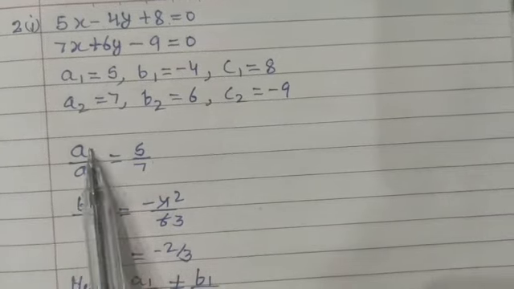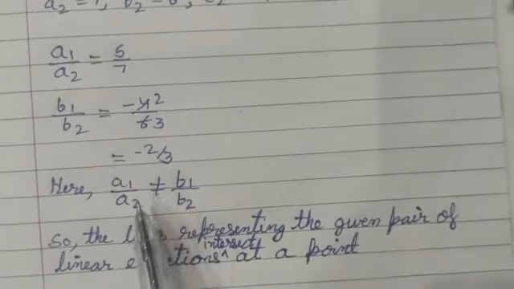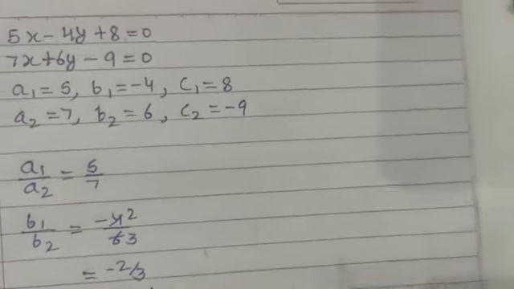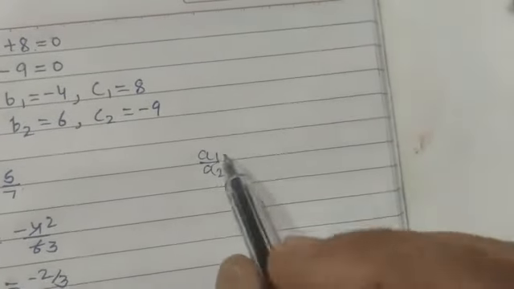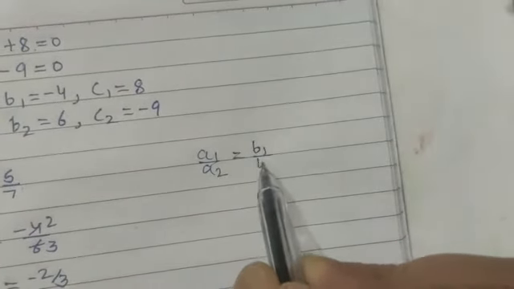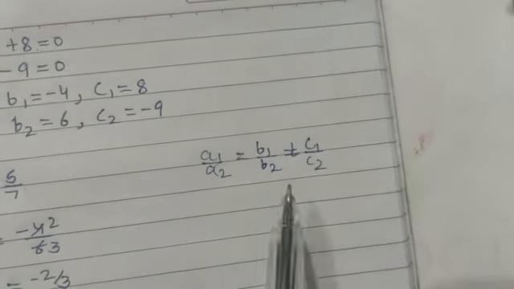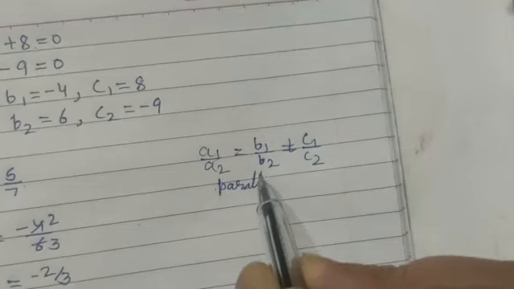Now as we see here, a1 upon a2 is not equal to b1 upon b2. That means the lines representing the given pair of linear equations intersect at a point. In case we get a1 upon a2 equal to b1 upon b2 and not equal to c1 upon c2, then the lines will be parallel.